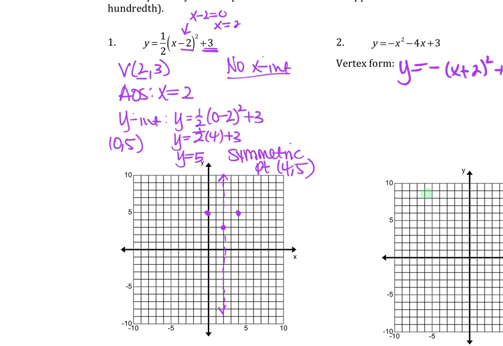Use your graph as a visual to determine if you have to solve or not. And then finally, we have a minimum value, because it's going to be opening up, we'll have a minimum value at 3. So we have a minimum of 3. And I'll connect.